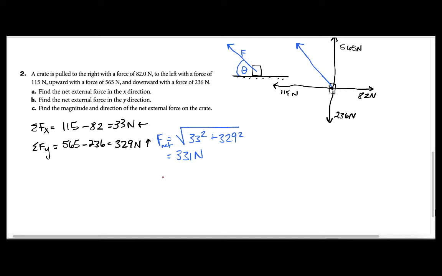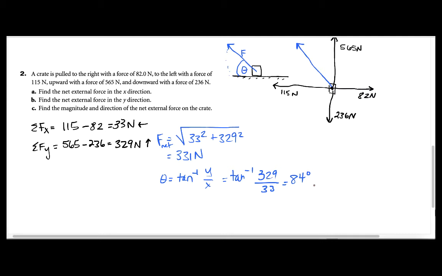And the angle that that is in, we have opposite and adjacent, and so we're going to go ahead and use inverse tan of the y over the x. The y portion is going to be your opposite. The x portion is your adjacent. So we'll do the y over the x, which gives us 84 degrees.